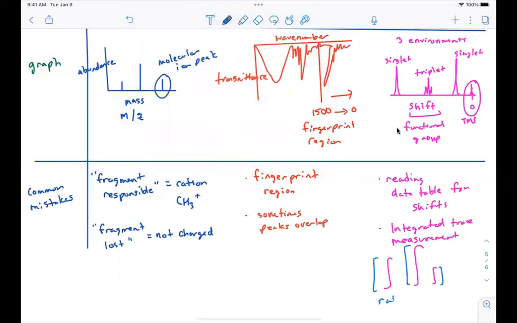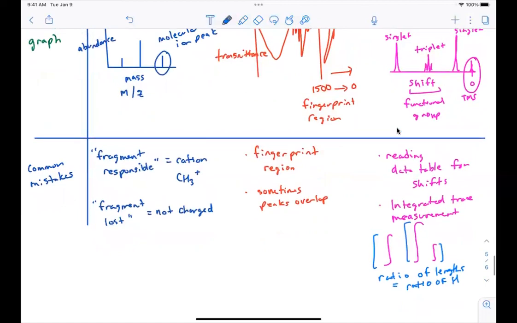And then the ratio of lengths equals the ratio of hydrogens. So the ratio of the length is the ratio of hydrogen. So if you get 2 centimeters to 6 centimeters to 4 centimeters, that means there are, for every one hydrogen in the first one, 3 hydrogens in the second environment, and 2 hydrogens in the third environment. So make sure you're measuring those correctly.